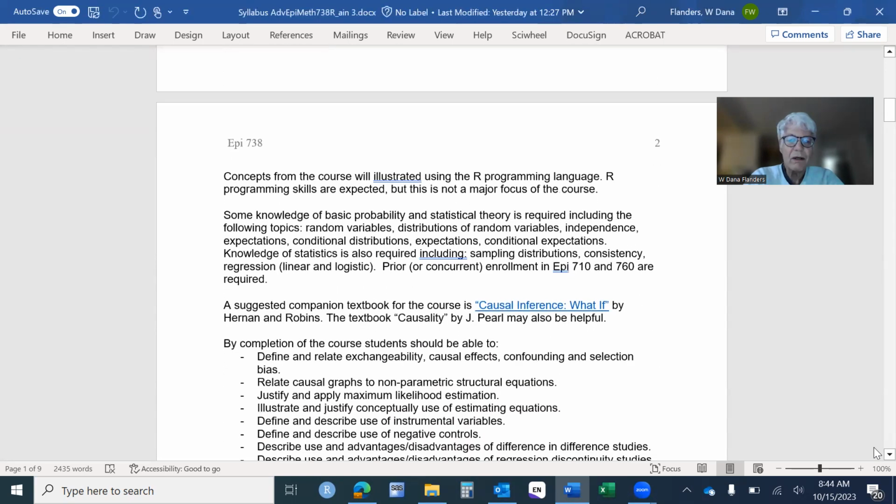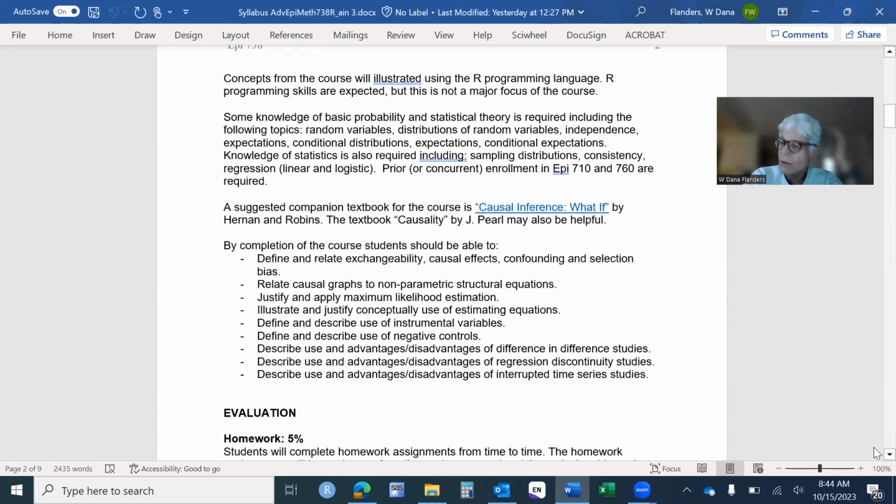Calculus is not required, although it will be an interesting challenge for us to discuss two of the topics that are planned without calculus, and those are maximum likelihood estimation and the approach that uses generalized estimating equations.